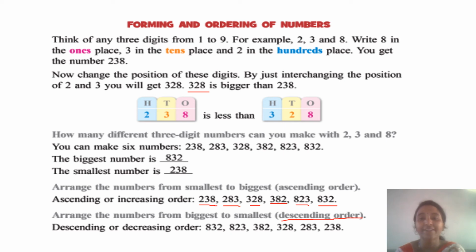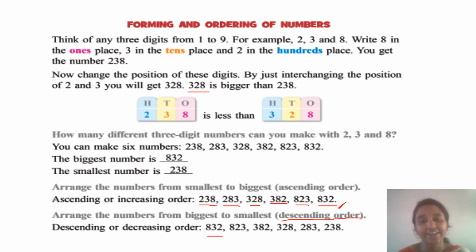Now, the order which we have written here in ascending or increasing order, we will write in inverse. Inverse means the number which is last over here will become the first number over here because it is the greatest number, right?